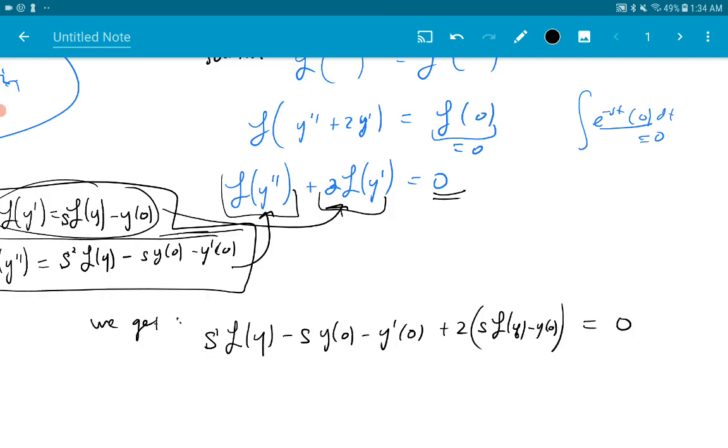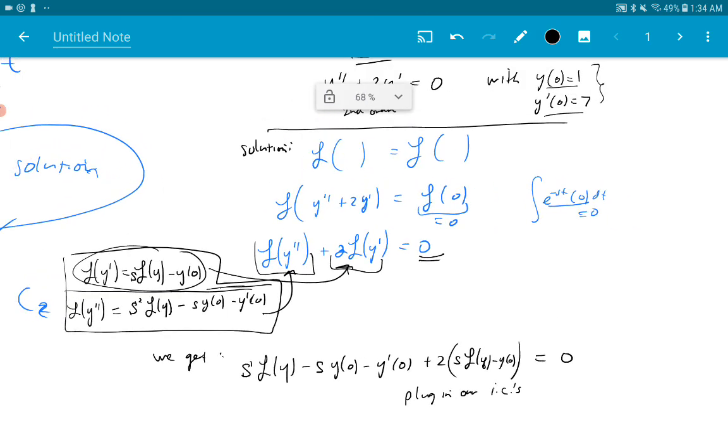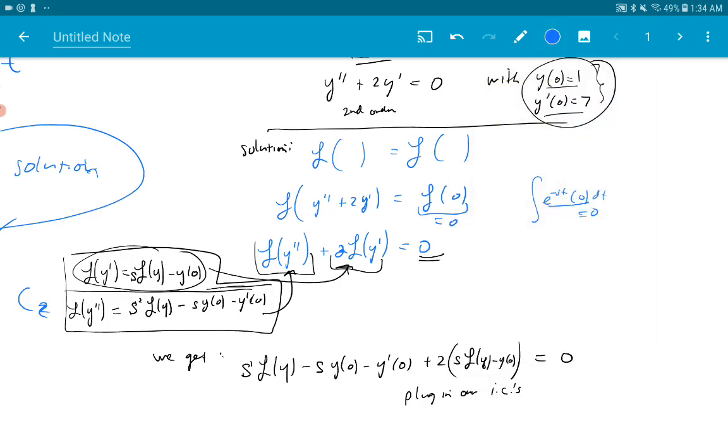Now is a good time to plug in our initial conditions. We could scroll back up to see what those were. That's here. So y of 0 is 1 and y prime of 0 is 7.